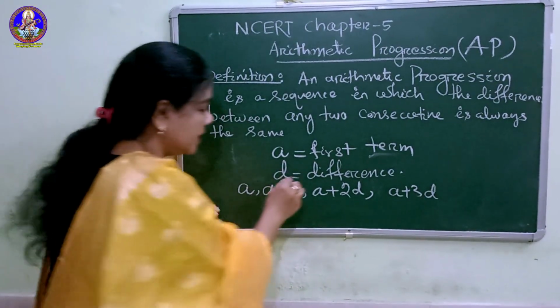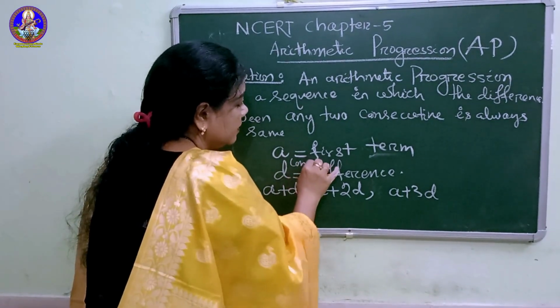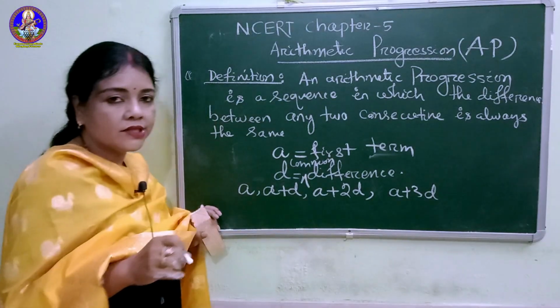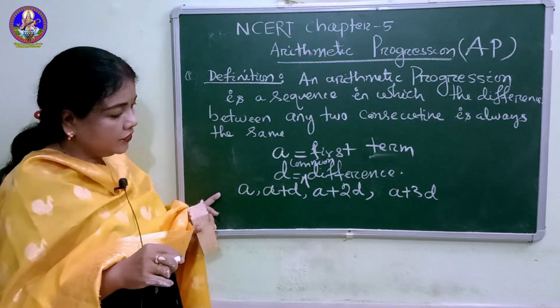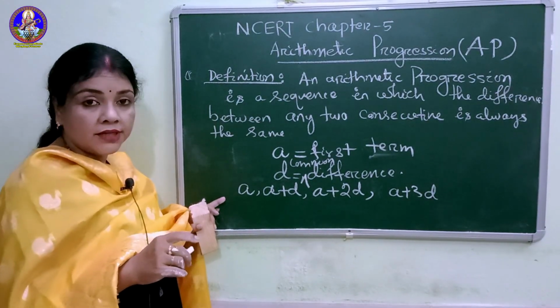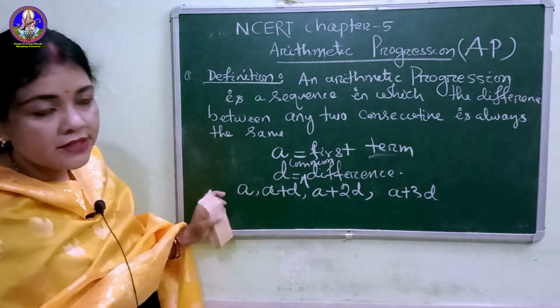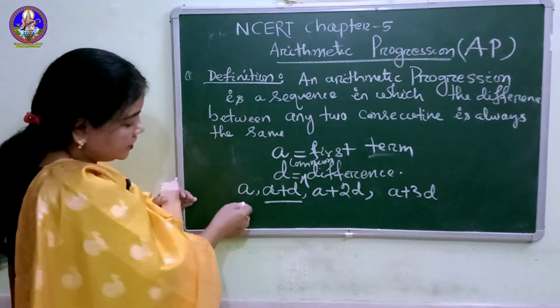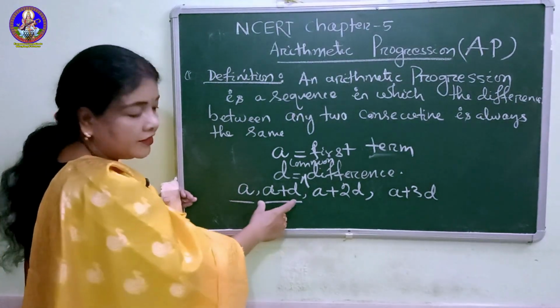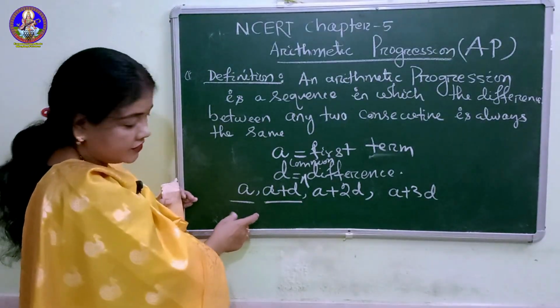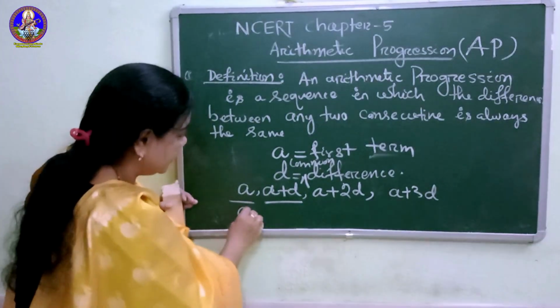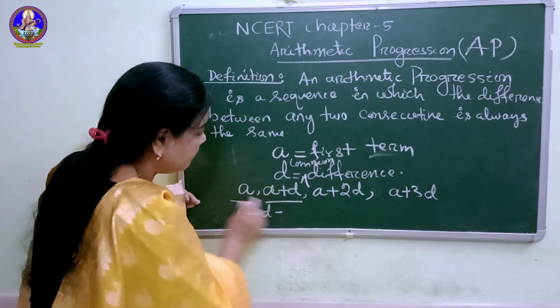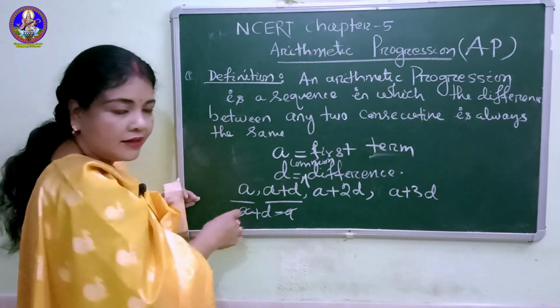This is also known as the common difference. Let us see how the difference is the same between consecutive terms. If you take the difference between the second term and the first term, what do you get? That is A plus D minus A. A cancels, D remains.